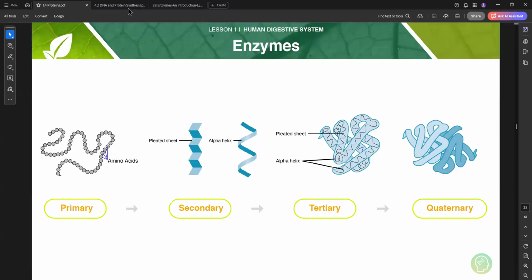Some will stick at your tertiary level, but important ones like hemoglobin do have a quaternary structure. It's the thing that gives the final 3D conformation, the final 3D shape. If we think about our initial amino acid chain, that's going to be 2D, it's flat. But we want something that has shape to it so we can then react with other things and break things down, which we'll come on to. Perfect.